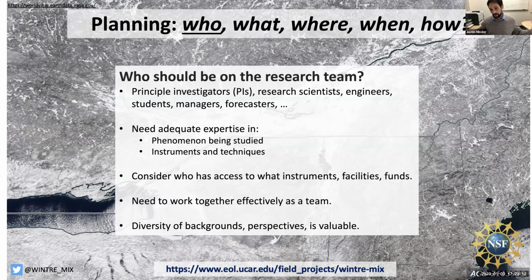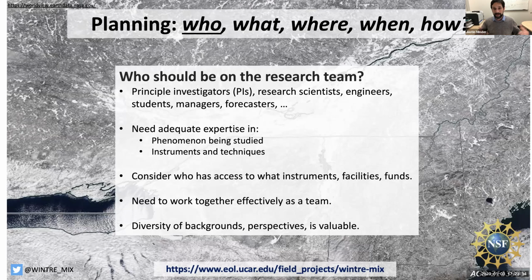Okay, so that's how we might come up with an initial idea for what you want to study. But then you need to start planning out the details, the who, the what, the where, the when of your field campaign. So in terms of the who, one important question to ask is who should be on the research team, especially for larger campaigns.